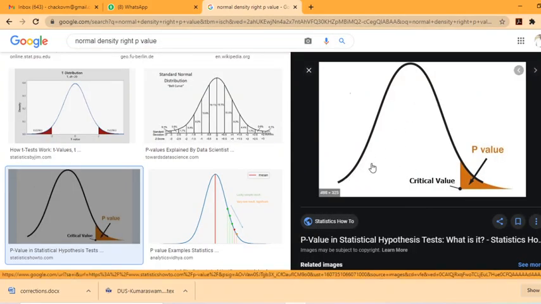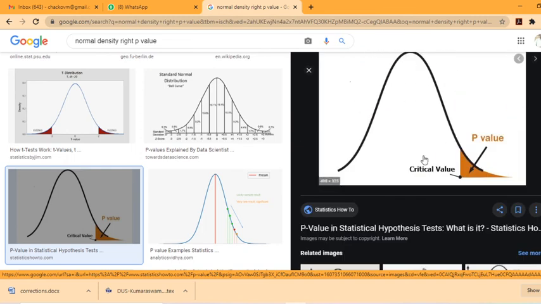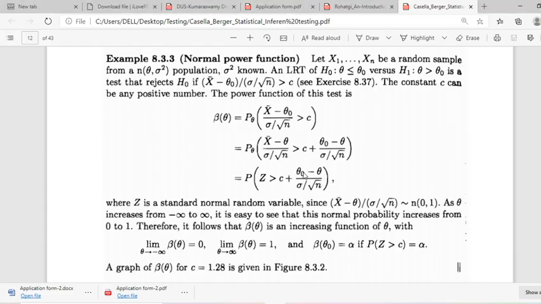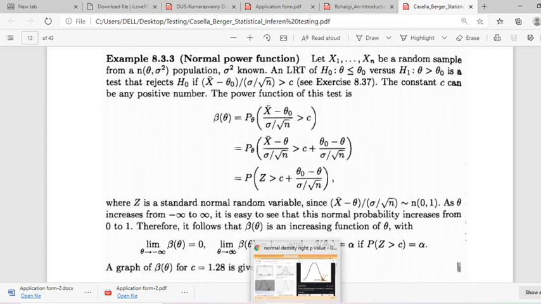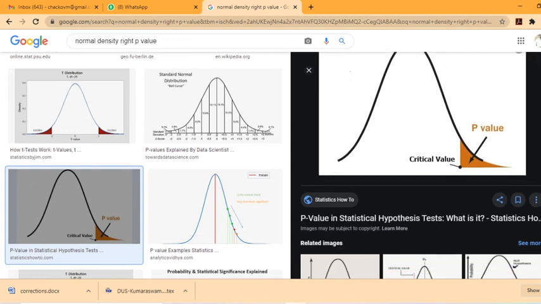That means the probability would be 1, because we are having the entire area under the curve after this minus infinity. So that will be 1.